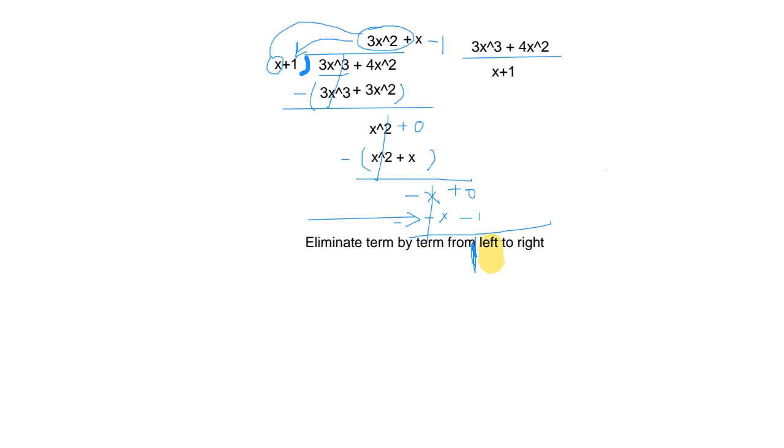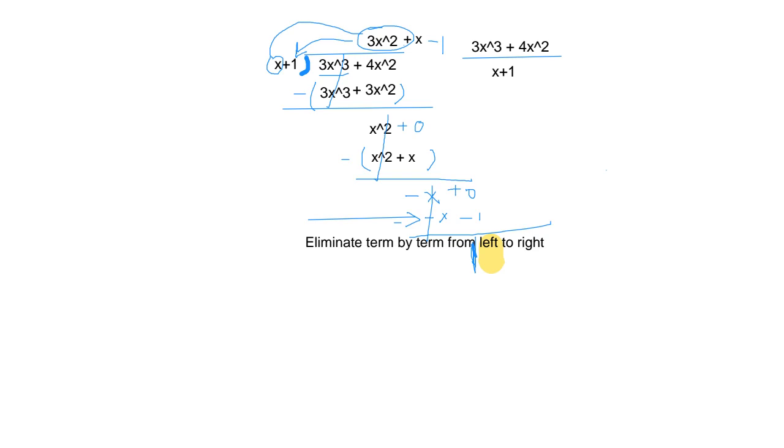This step is called a long division. So the goal is you put the dividend or the numerator inside this sign, the divisor, or the denominator outside the sign. Then you try whatever you put in the quotient, you're getting rid of the leading coefficient from left to right, until you reach, because the divisor is linear, the remainder has to be 1 degree lower than the divisor.